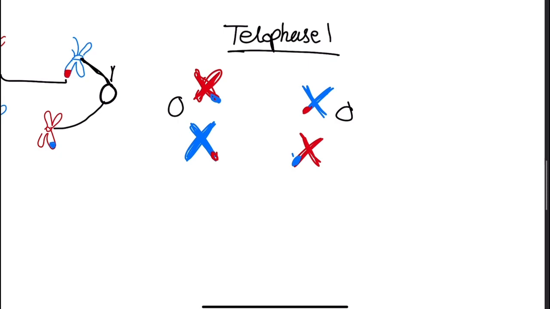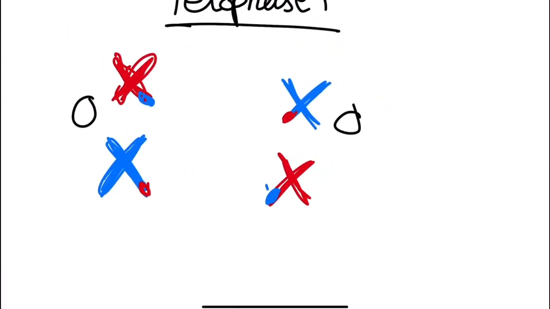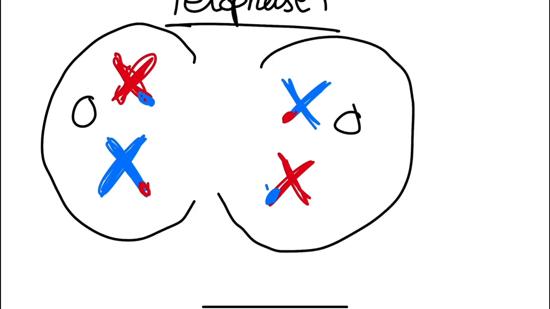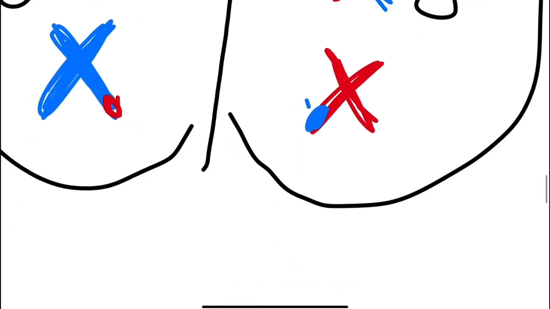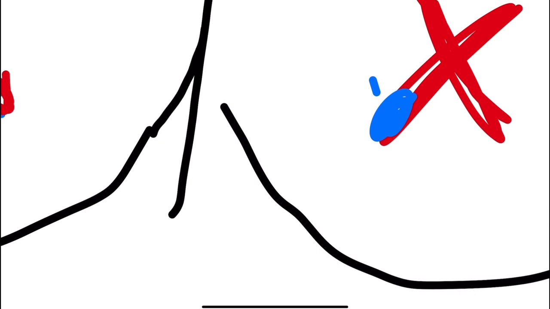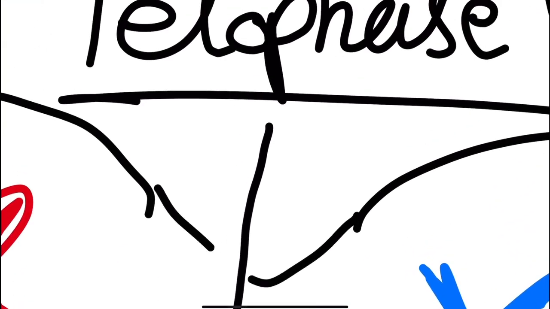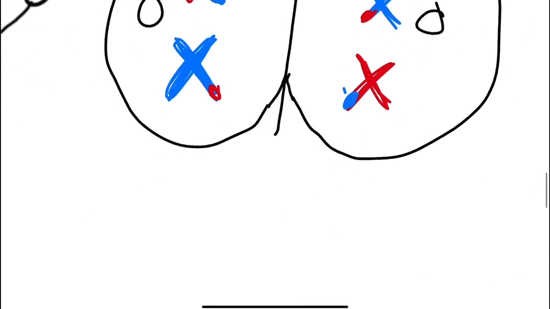So it gets ready for cytokinesis. The nuclear envelope reforms, and the two nuclei get separated from each other by the cleavage furrow, a structure we took before, which is made from actin and microfilaments.